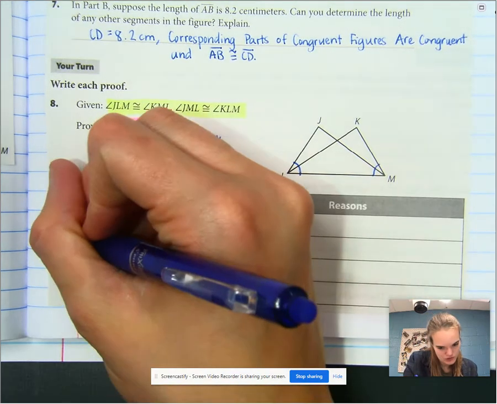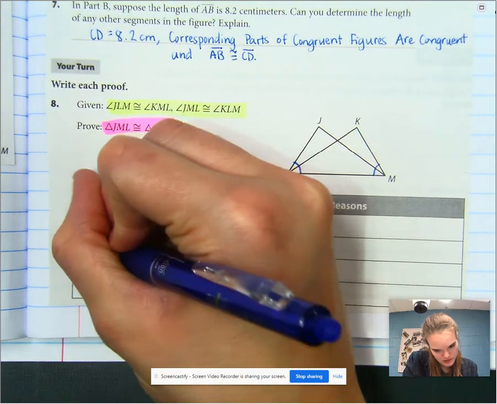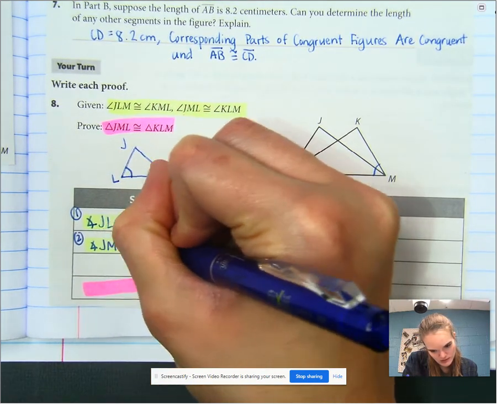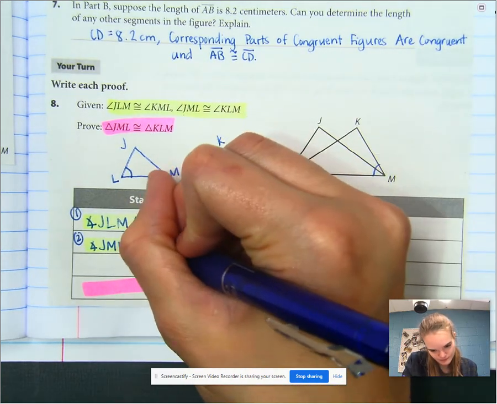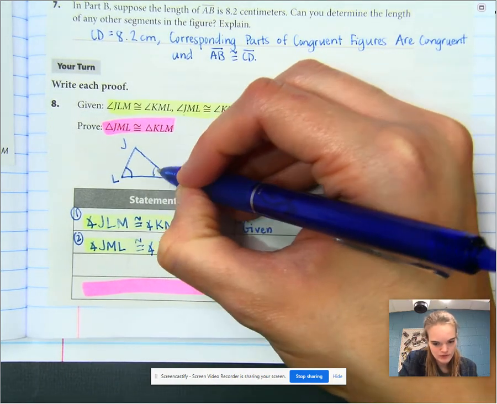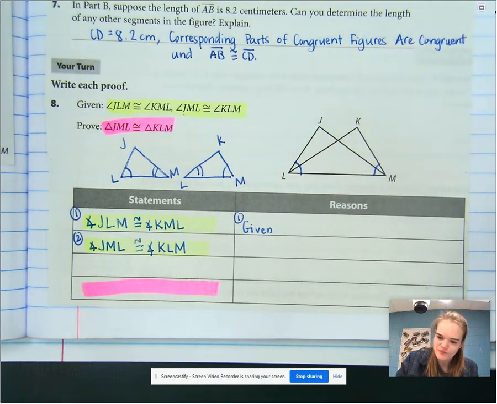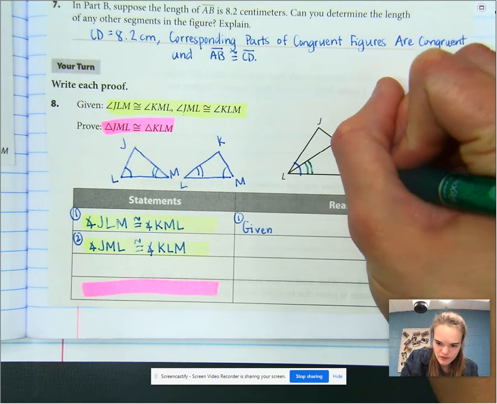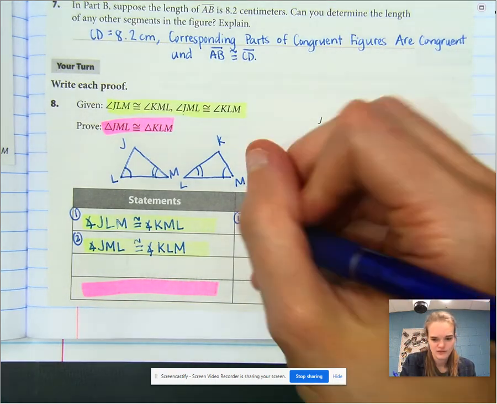Okay, number 2. JML is congruent to KLM. I'm using a different color because it's talking about this smaller one here. And that's also given.